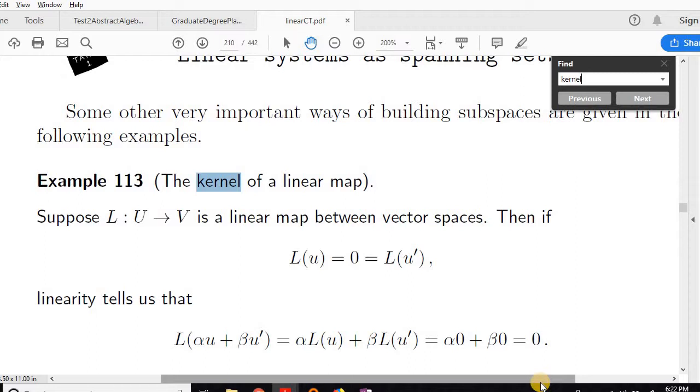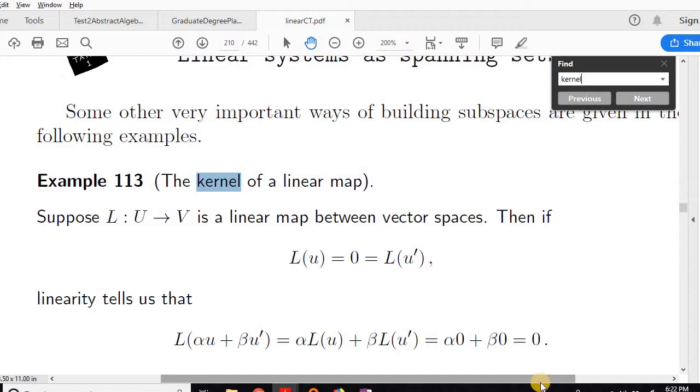Now what this is saying is that if I have two elements that are both in the kernel, and I take some linear combination of those two elements, then it turns out that L times that combination is always also 0.